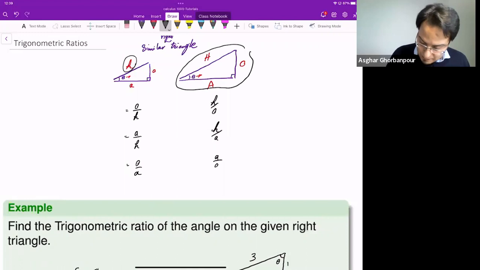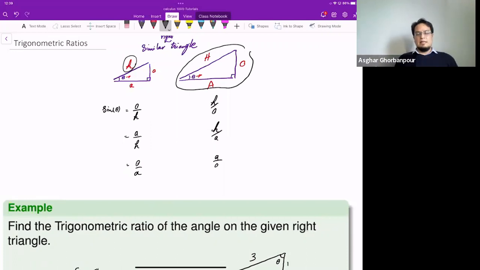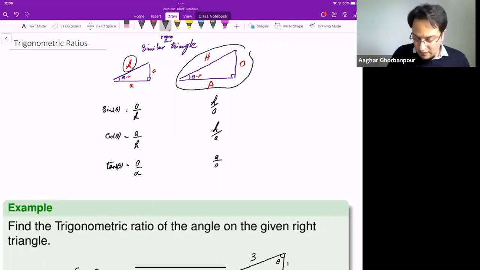Opposite over hypotenuse is called sine, but since this depends on the angle theta, we call it sine theta, then cosine theta, and then tan theta. And the algebraic inverses, or reciprocals, of these guys have names also.